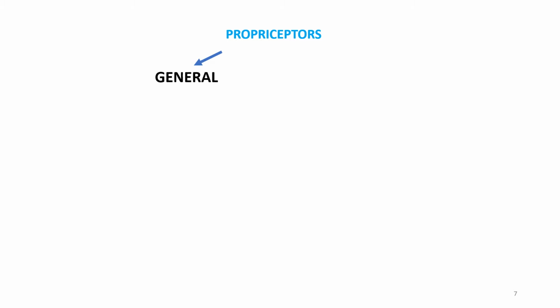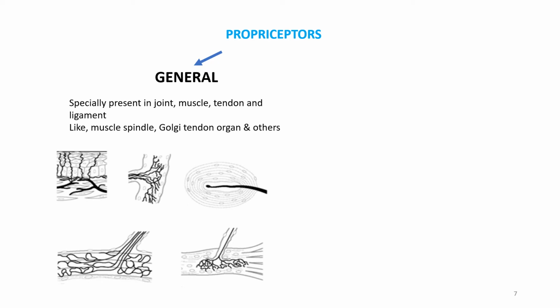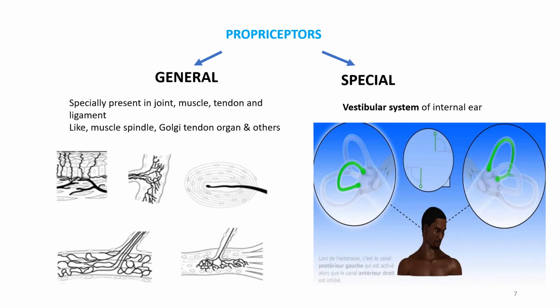Proprioceptors: general proprioceptors are specially present in the joint, muscle, tendon, and ligament, like muscle spindle, Golgi tendon organ, and others. Special proprioceptors are the vestibular system of the internal ear.